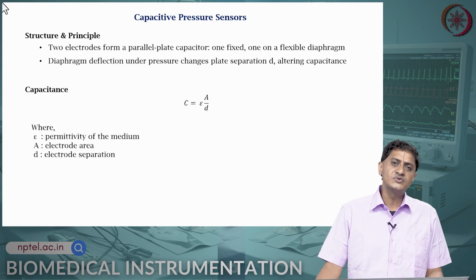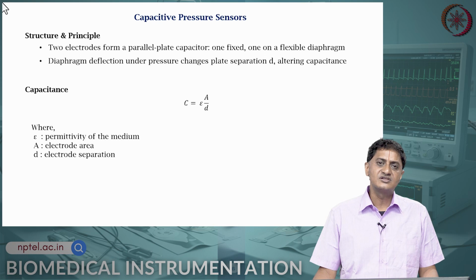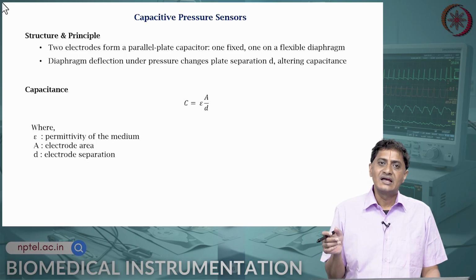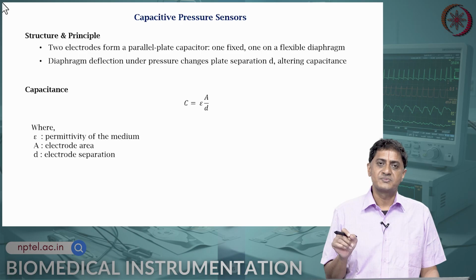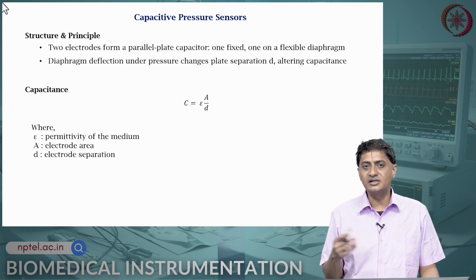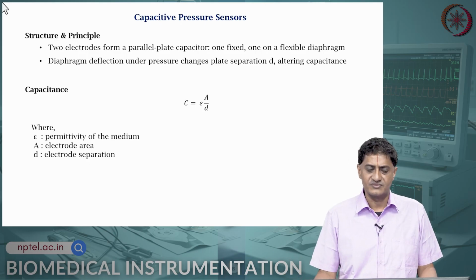We need to choose the stiffness of the diaphragm such that it is suitable for the range of pressures that we are interested in measuring. In the pressure range that is used, this diaphragm must bend or deform. At other pressure ranges, it would better not respond.